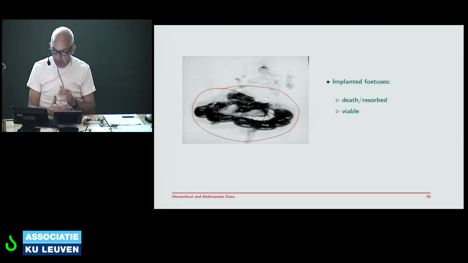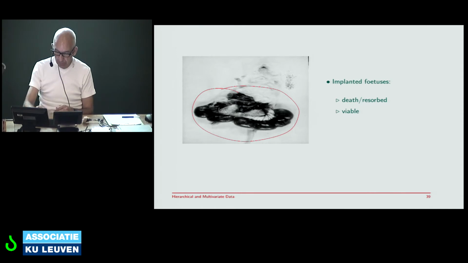Good. The outcomes of interest first, what happens first is death or resorption. Death is clear. The fetus is there, but it's dead. Resorption means it's actually not visible anymore except for a dark spot in the uterus line showing that there once was a fetus, and that's in a way even more problematic because the problem happened earlier.